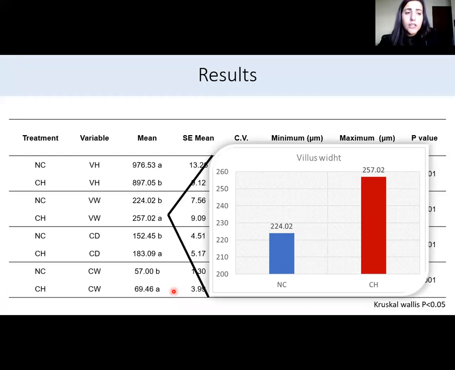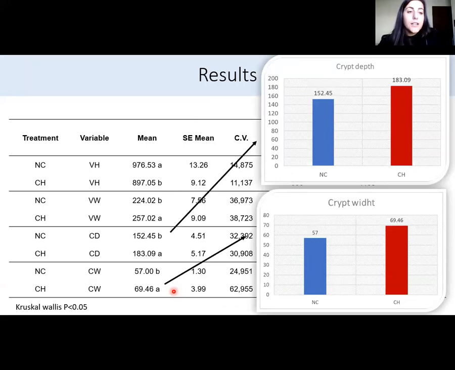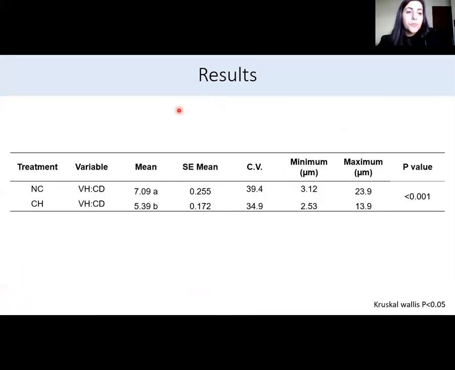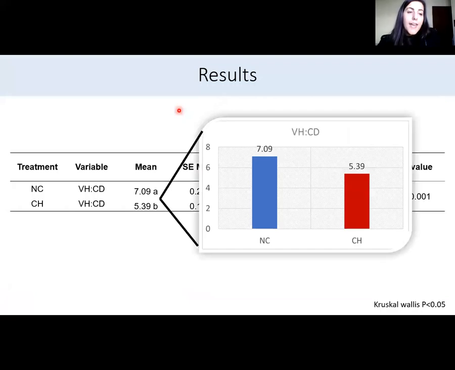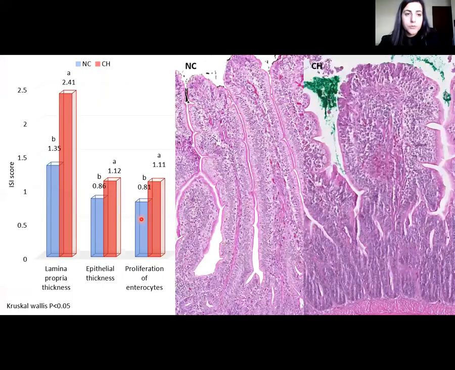The non-challenge group presented lower villus width compared to challenge. Even the crypt width was lower in the non-challenge group compared to the challenge group. And the ratio between villus height and crypt depth was also higher in the non-challenge group compared to the challenge group.